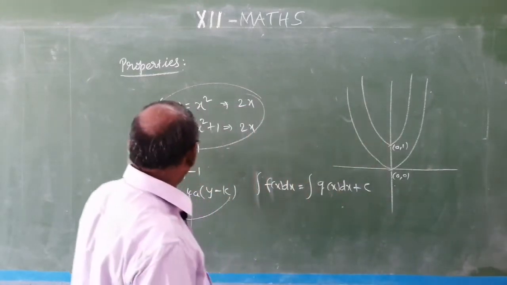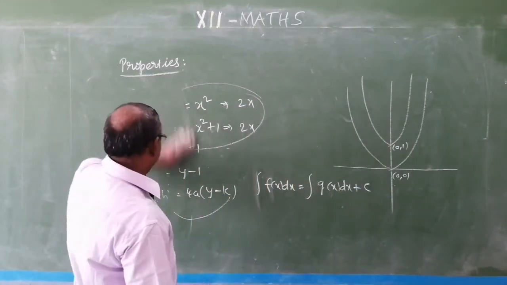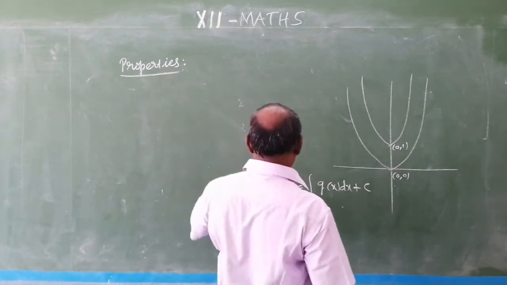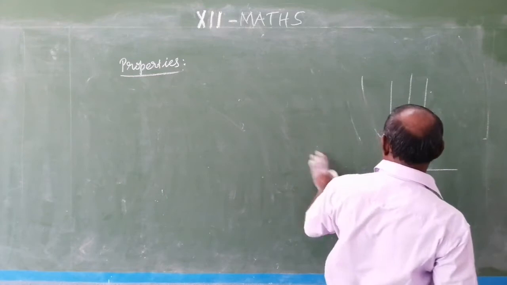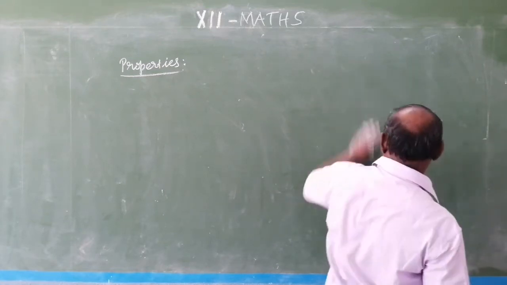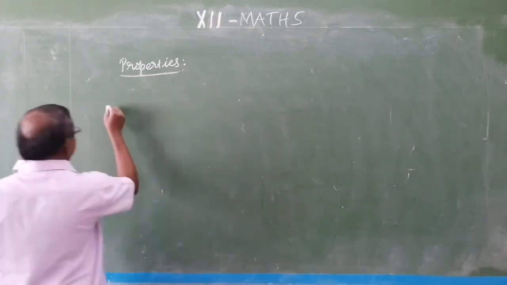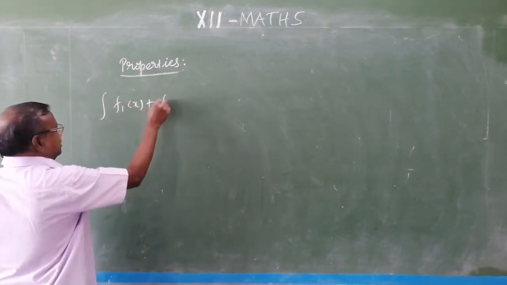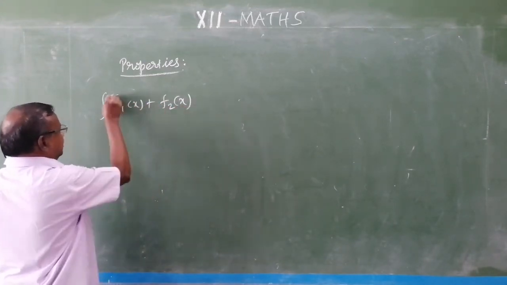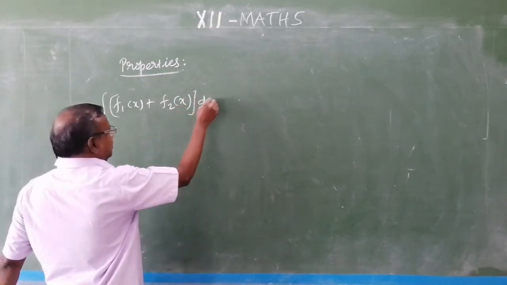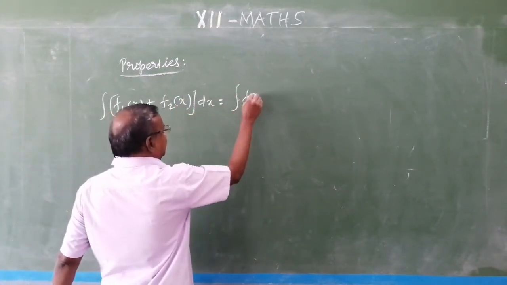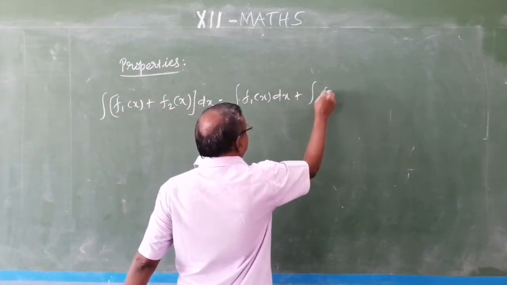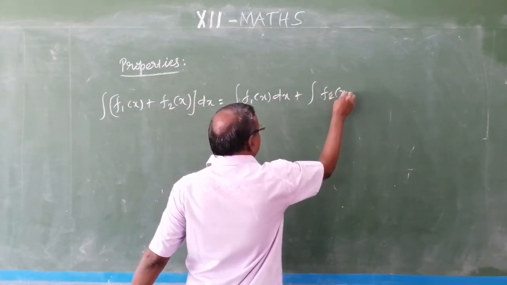Secondly, the sum of integrals equals the integral of their sum. That means integral of (f1 of x plus f2 of x) dx equals integral f1 of x dx plus integral f2 of x dx.